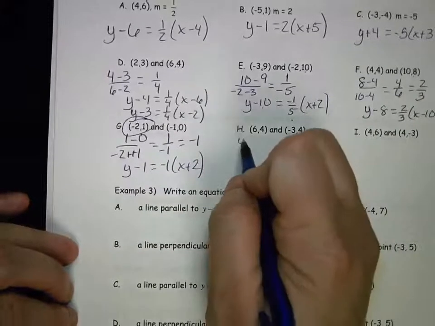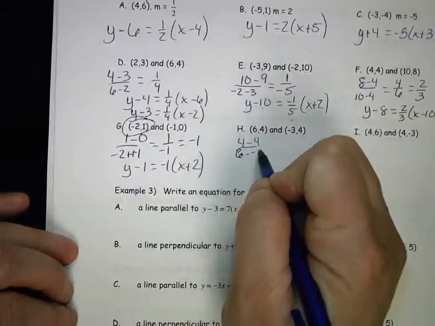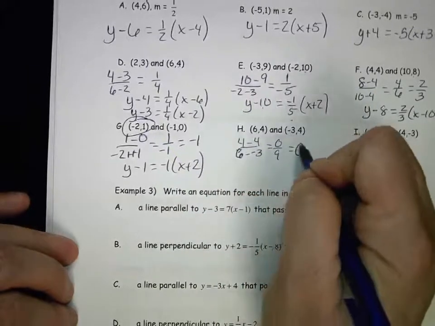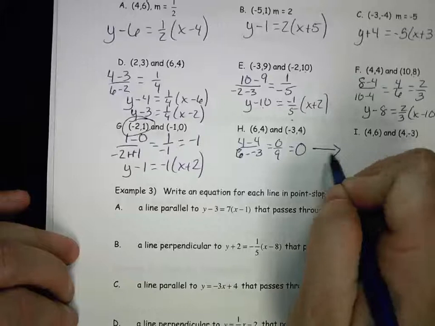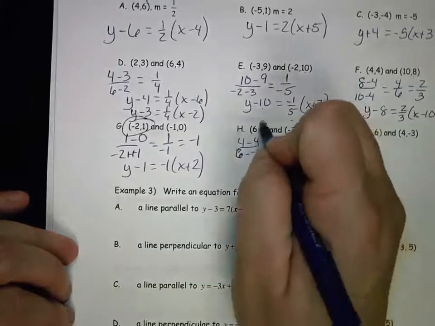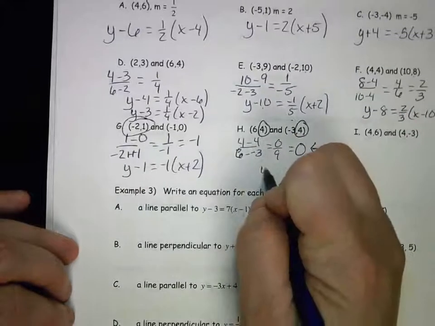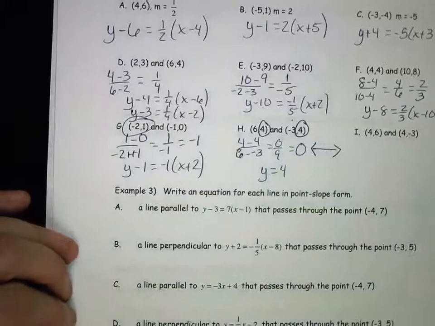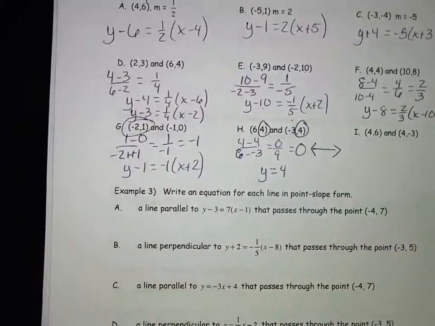Letter H, when we do our slope, you end up with 0 over 9, which is a slope of 0. A slope of 0 is a horizontal line, and you will notice right there how both of the y's equal 4. So the equation of that line is y equals 4.